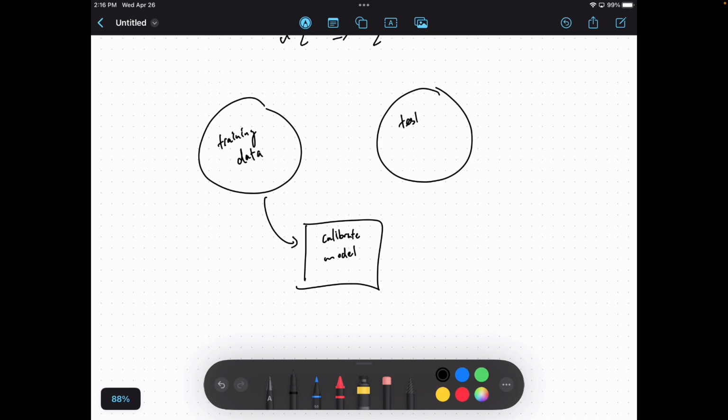Then I have a separate set of data called testing data, and this is what I use to see whether or not my model is good. So this is my test model.